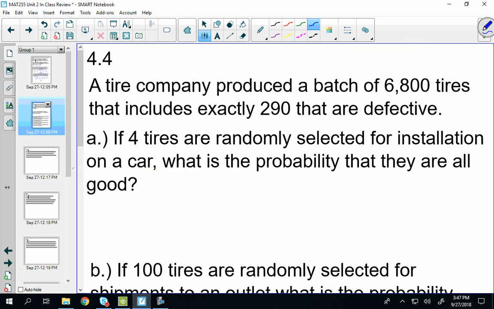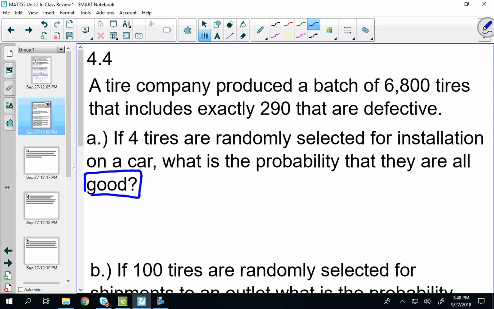If we look at another one from section 4.4, it says a tire company produced a batch of 6,800 tires that includes exactly 290 that are defective. For part A, it says if 4 tires are randomly selected for installation on a car, what is the probability that they are all good?